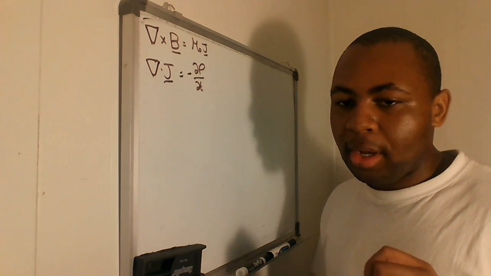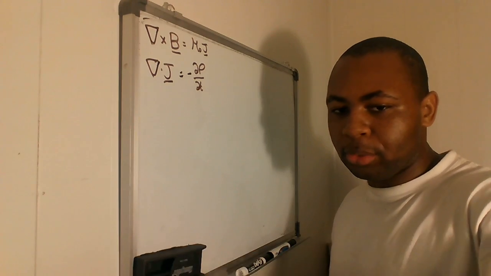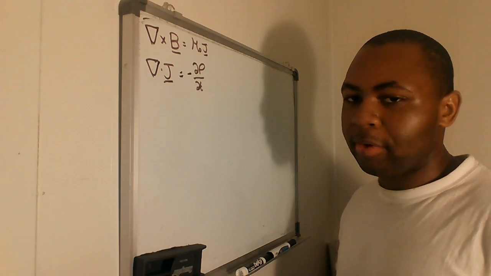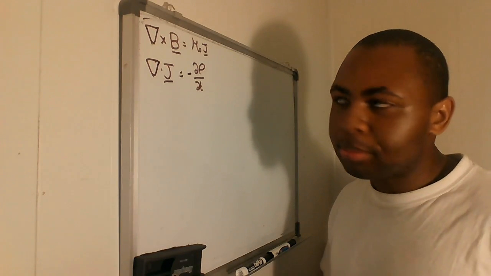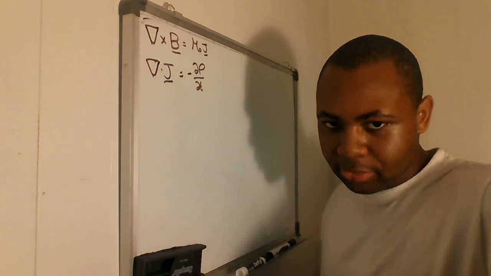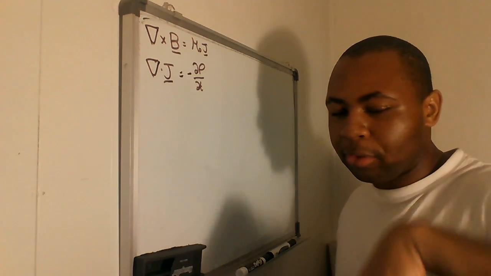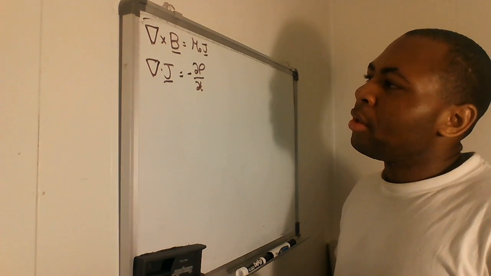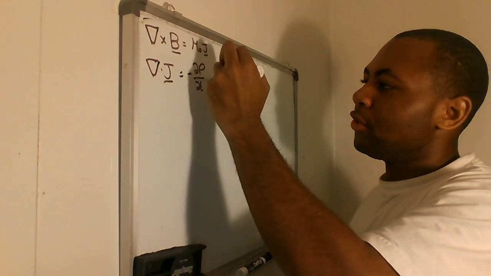You don't have things like raging fluids of current coming in or going out of a particular volume, without the same amount flowing out. So for a time independent charge, this is 0.